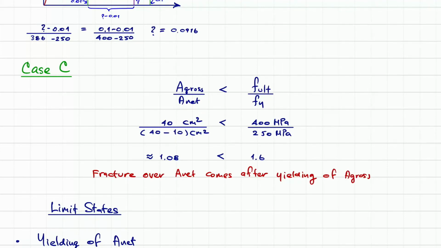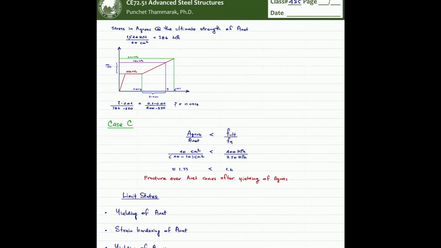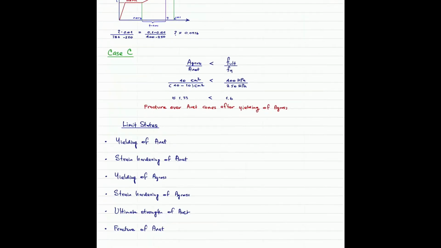So 4 divided by 3, still you get 1.33, less than 1.6, then the limits that we put over here still works.